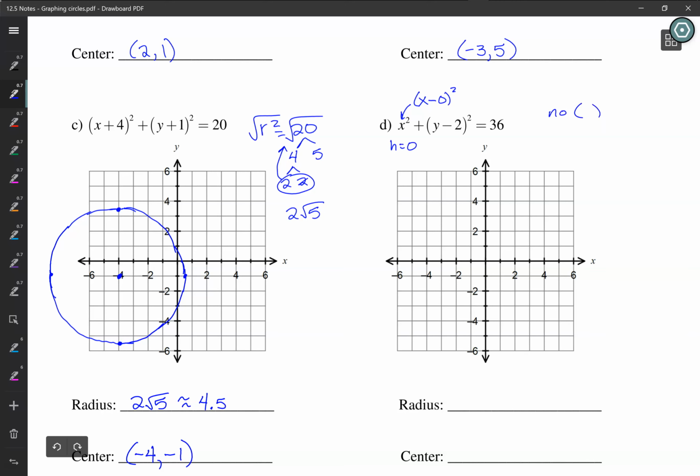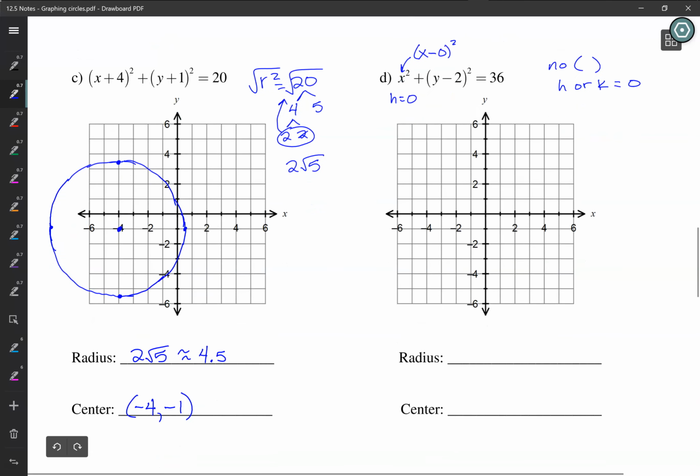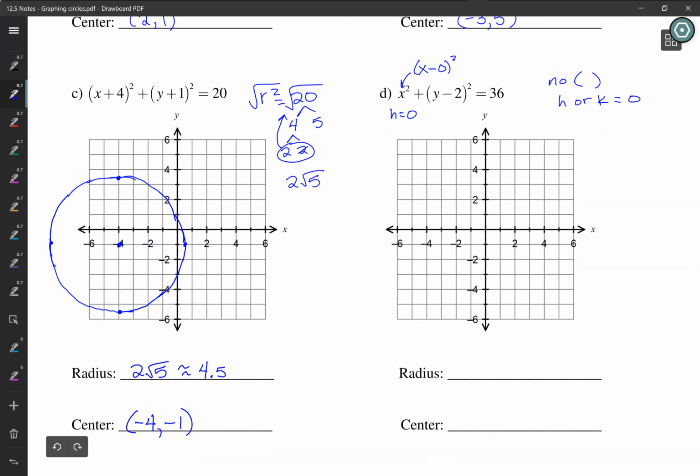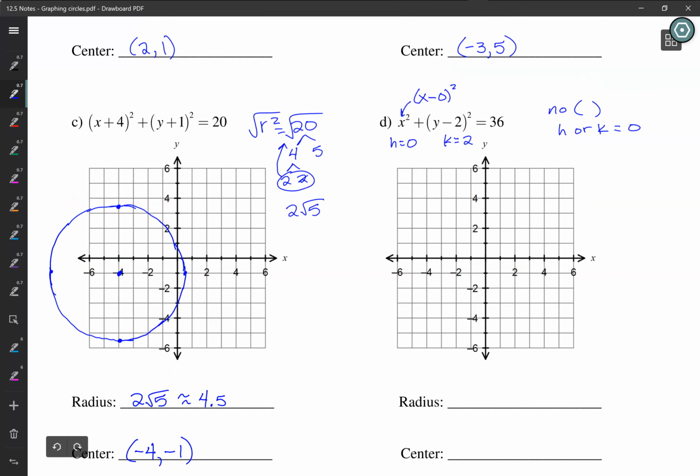So no parentheses, h or k equals 0. So here, h is 0, k is 2. And we have r squared equals 36. Take a square root. That tells you that r is 6.